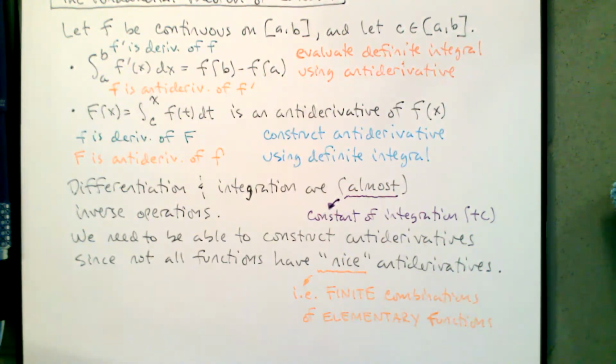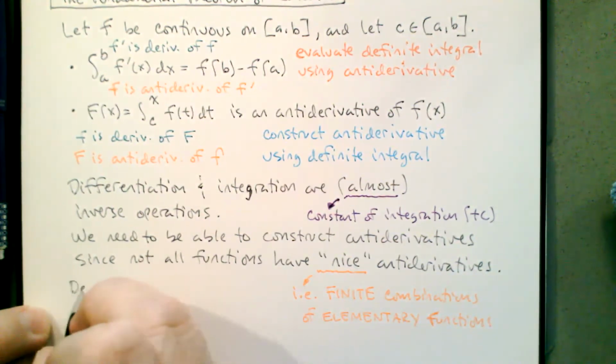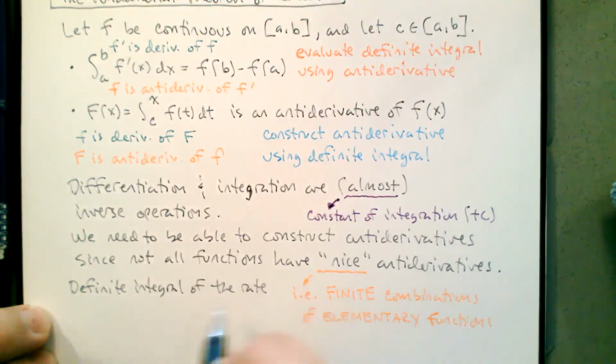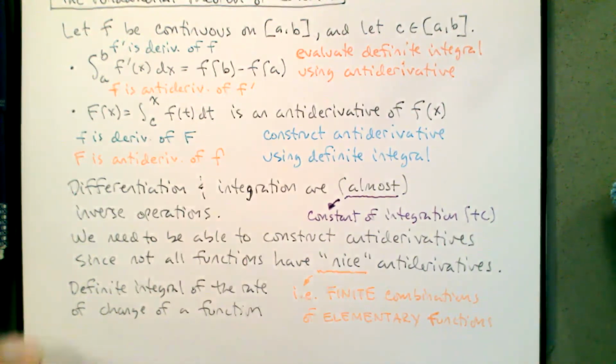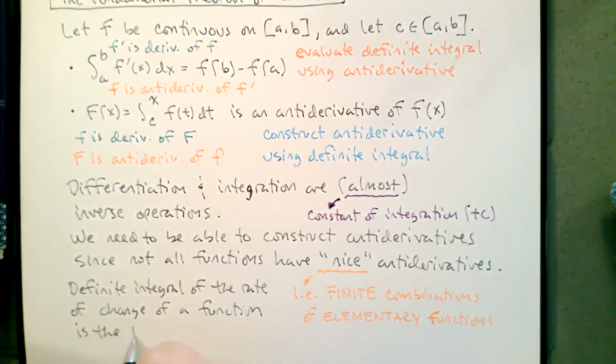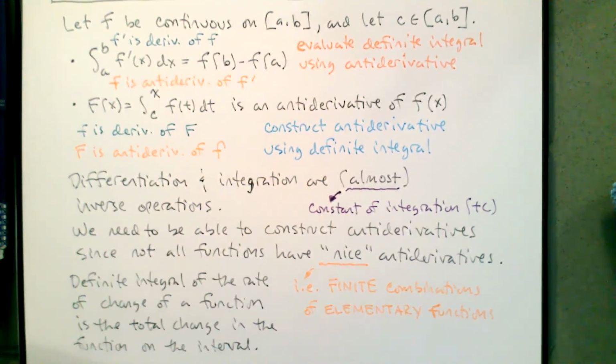So the definite integral of the rate of change of a function is the total change in the function on the interval. f of b minus f of a.